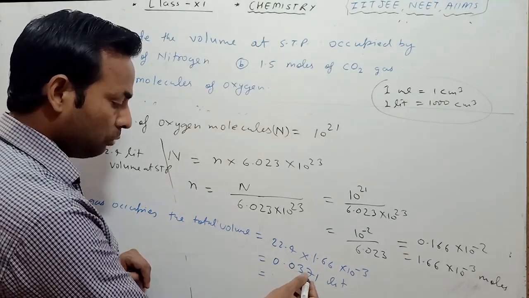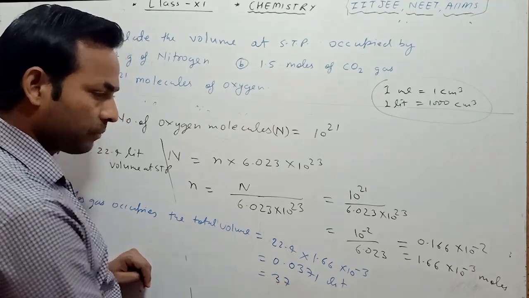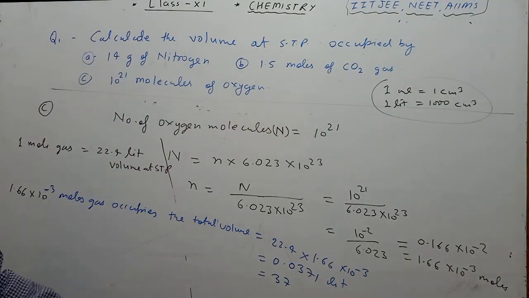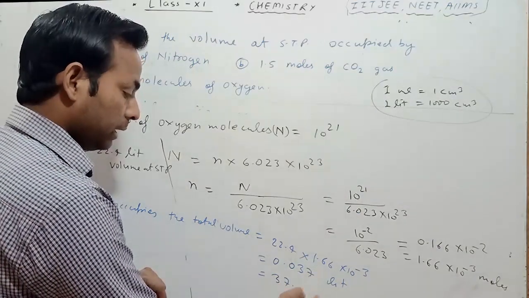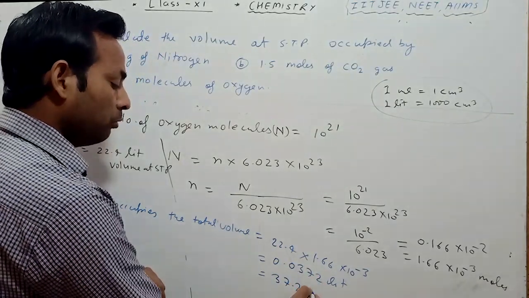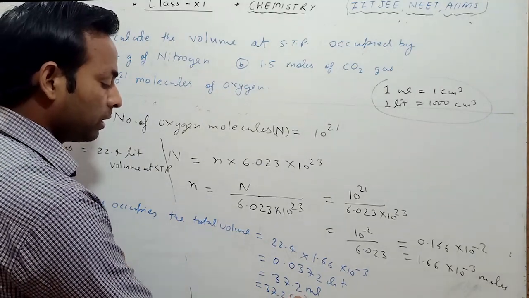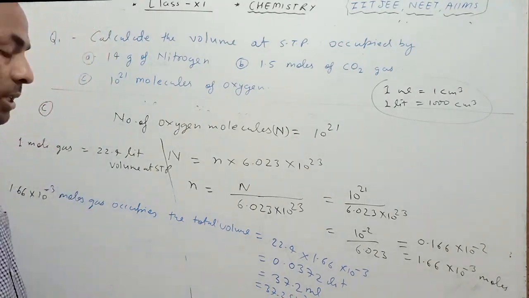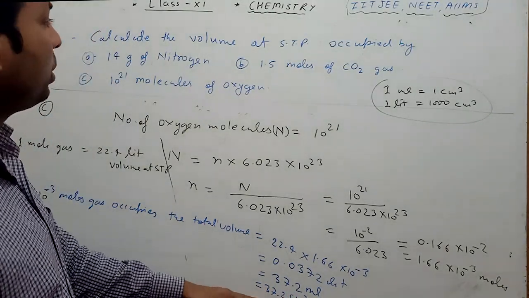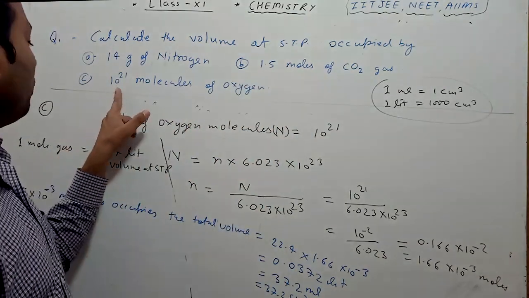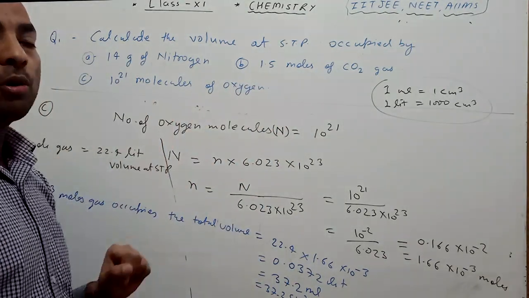So 37.2 ml, or 37.2 centimeter cube. So this is the correct answer. This is the volume which is occupied by 10 to power 21 molecules of oxygen.